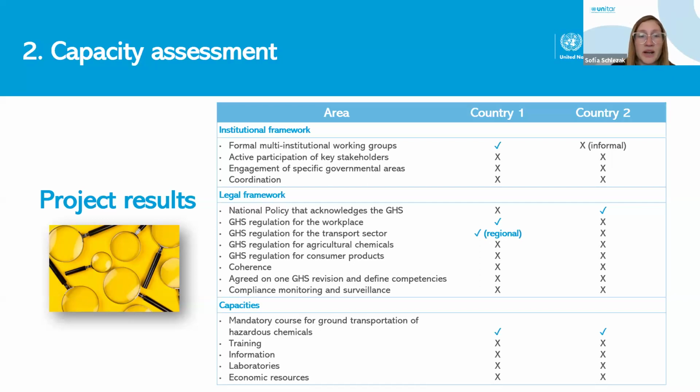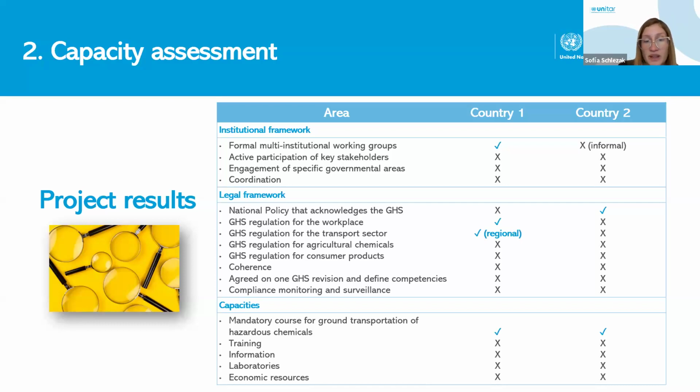In one of the countries, there were two sectors that were covered somehow, one at the local level and the other one at the regional level. We analyzed the coherence between the different legislation. We also analyzed which revision of GHS was included, and if there were specific competences among these different pieces of legislation, and if they were including monitoring and surveillance.